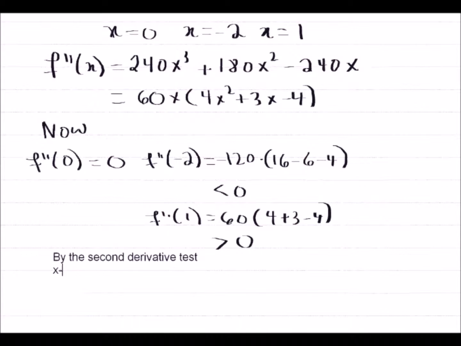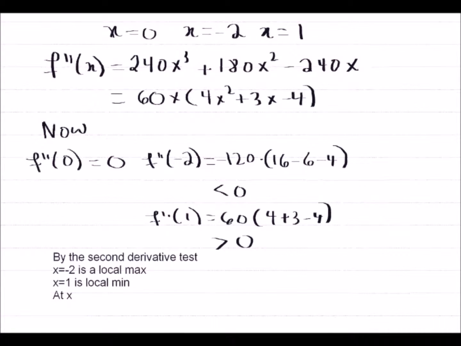X equals minus 2 is what? Is it a local max or a local min? Well, at minus 2, f prime prime is negative, which makes the function concave down, so it's a local max. At x equals 1, I have a local min because the function is concave up.